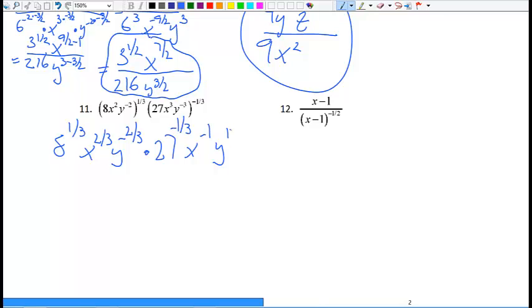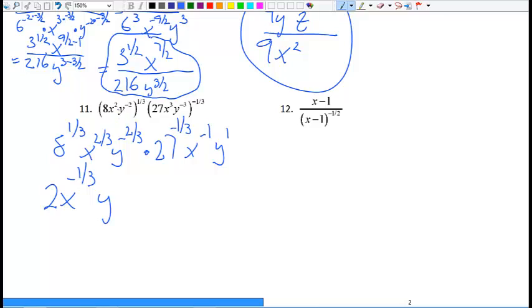Okay. Let's see, one more round of simplifying where we can. 8 to the 1/3, that's the cubed root of 8, so that's really just 2. And then I see x to the 2/3 and x to the negative first. If I add exponents on the variables, that's 2/3 minus 1, so that's negative 1/3. And then we got y's.